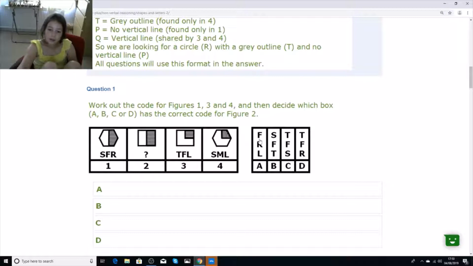Let's see. In the second figure, what is this?